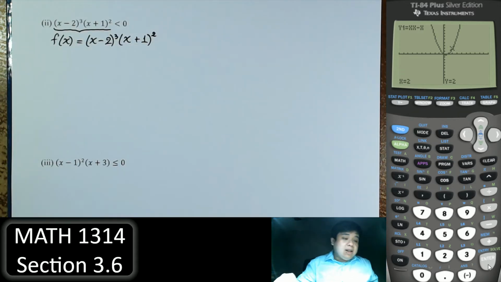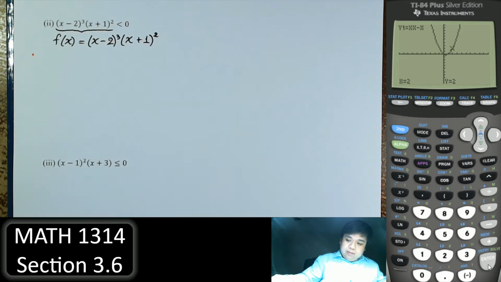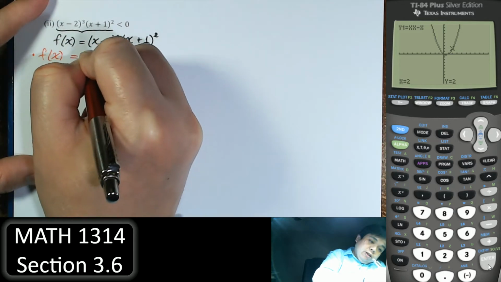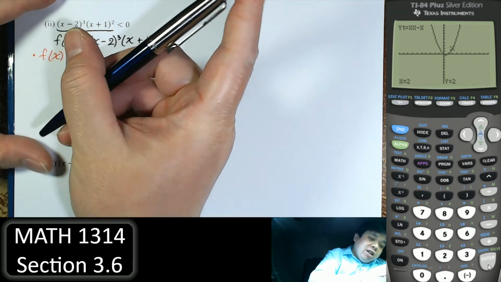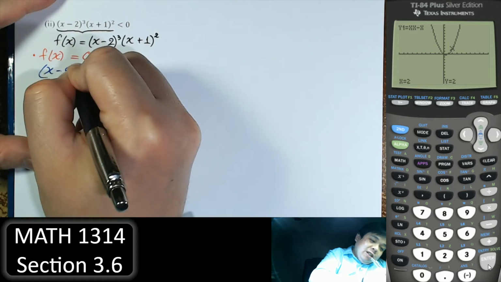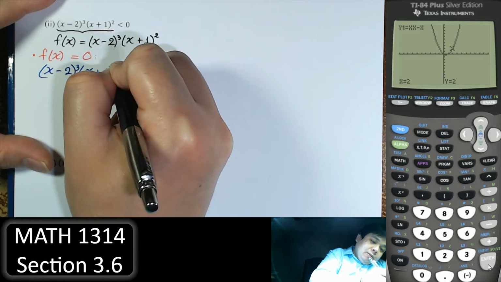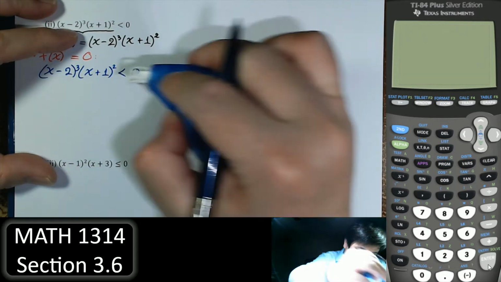Next, we're going to solve for it. We need the function equal to 0. So I save some time and just factor it already.